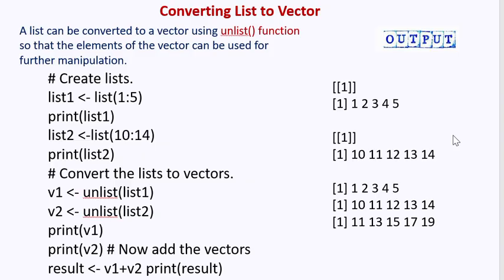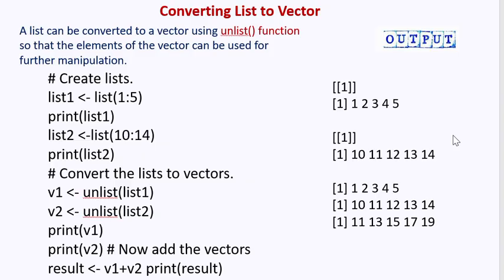As we discussed earlier, this conversion is possible with the help of the built-in function called unlist. So when you mention unlist of list 1, this is the part where we are converting the list into a vector. Immediately the components in list 1 will be converted to a vector, and the resultant value is stored in V1. Similarly, list 2 is converted into a vector and stored in V2.